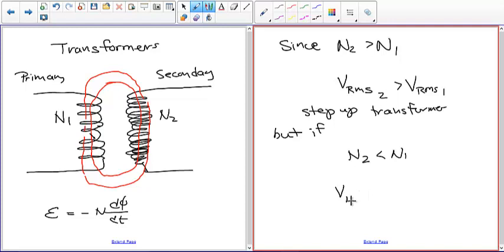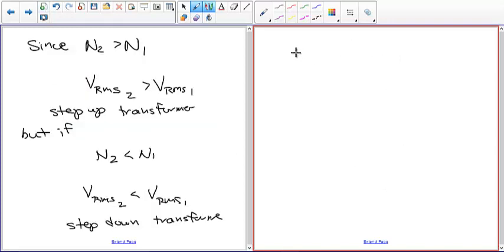Here, in the second case, the RMS voltage of the secondary loop is going to be less than the RMS voltage of the primary loop, and we call that a step-down transformer. And it turns out that the ratio of the number of loops is equal to the ratio of the voltage in an ideal transformer. Okay.